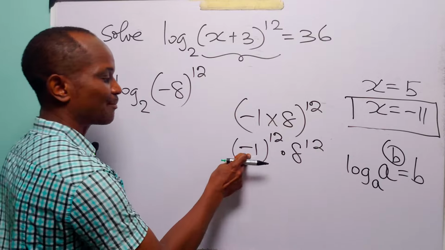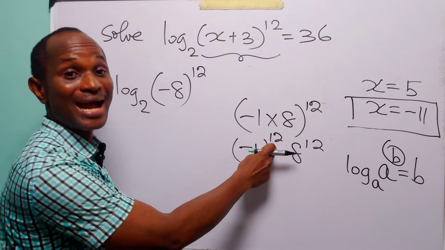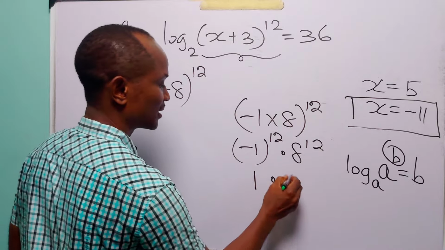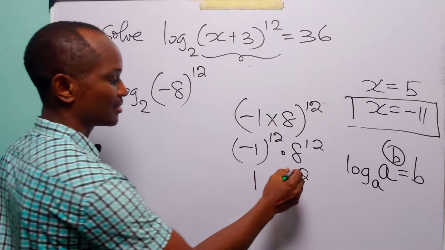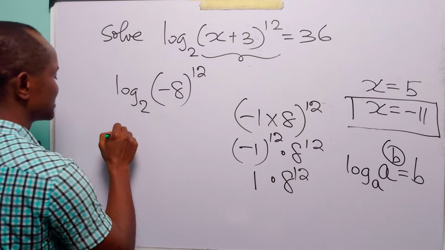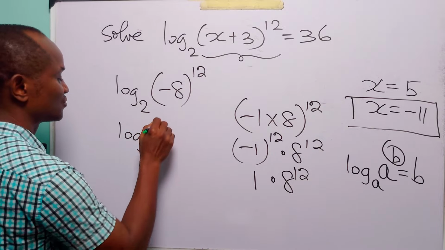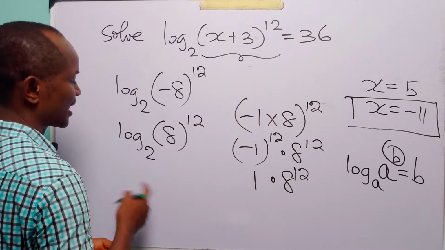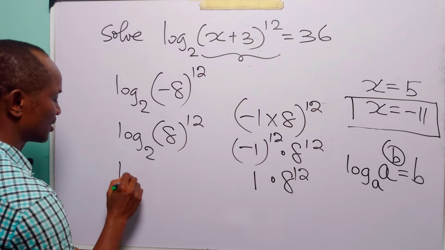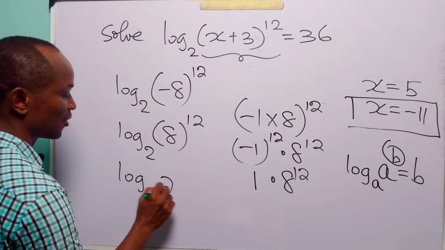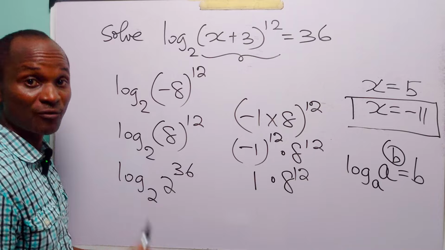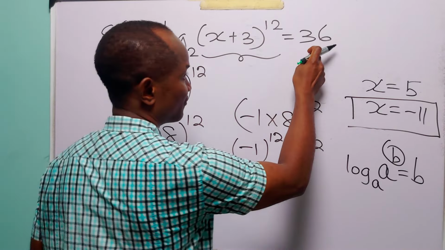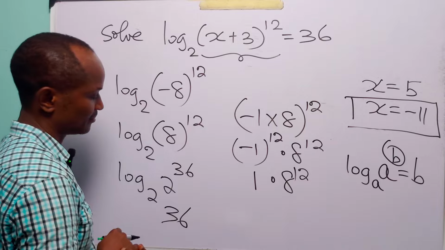And minus 1 raised to an even power is equal to 1. So this is 1 times 8 raised to power 12. So this is the same as log base 2 of 8 raised to power 12. And from here, we still have log base 2 of 2 to power 36, which of course is equal to 36, same as we have on the right-hand side.